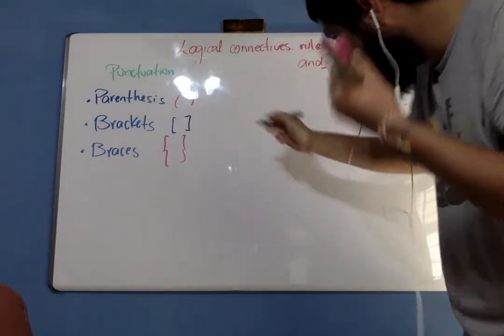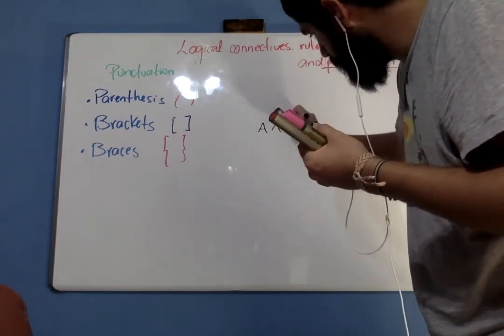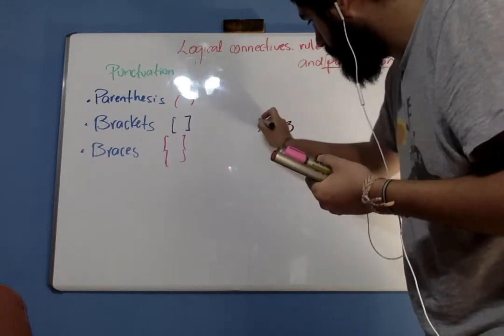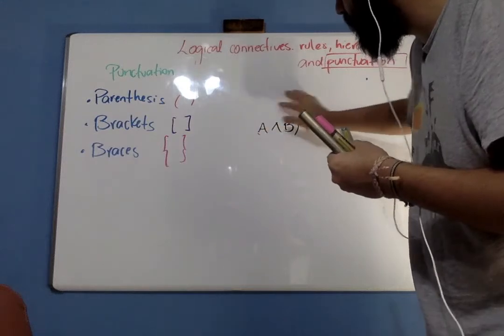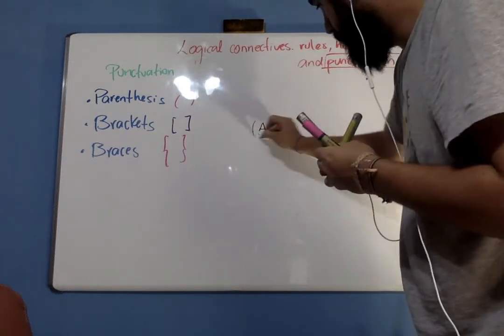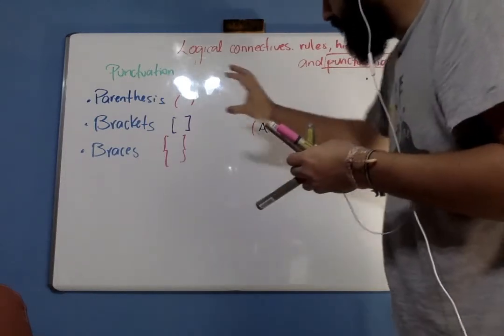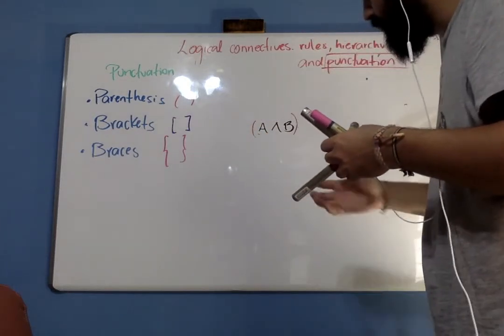So for example, imagine that we have A conjunction B. We are going to group them with parentheses, okay? Really easy. Well, I'm going to use the same color, that is red, with parentheses, okay? So if we want to use brackets, the brackets are going to group parentheses.